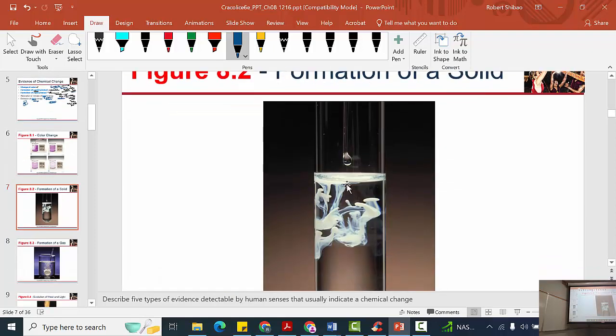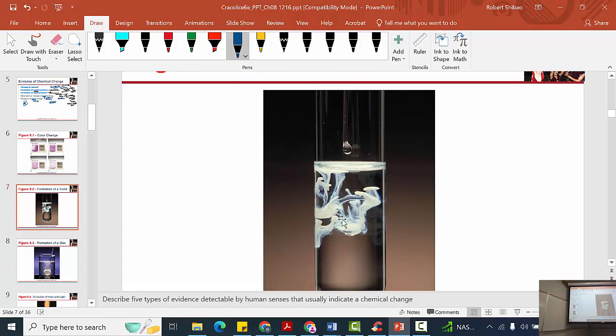This is a precipitation. These are tiny crystals of solid precipitate. I don't know what they're mixing here, but do you see it's a wispy, cloudy precipitate.